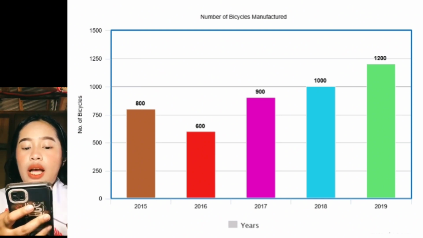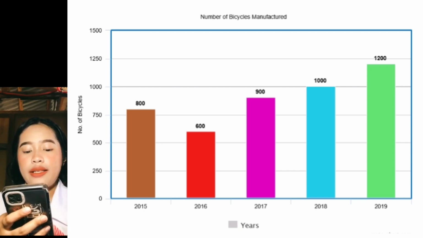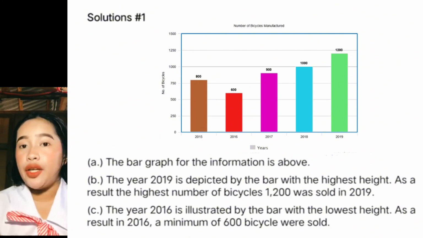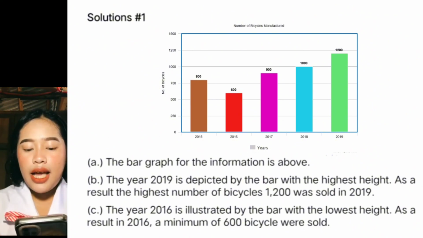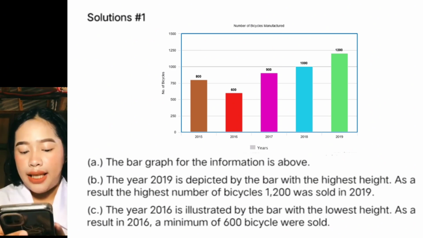So which year had the greatest number of bicycles produced? The greatest number of bicycles was produced in 2019, and the lowest in 2016.